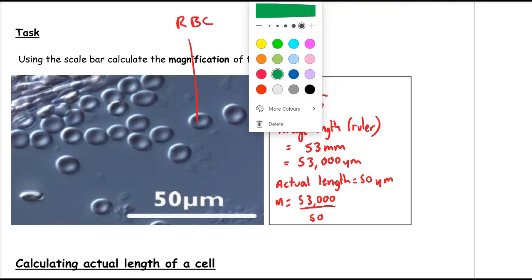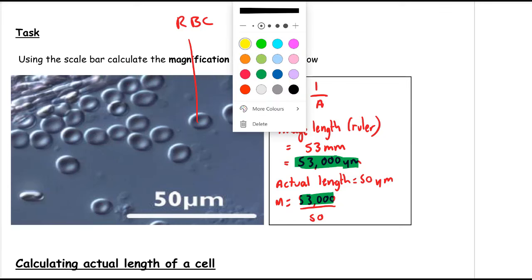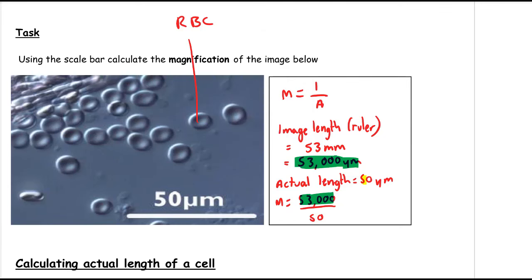Now let's just keep track of where we're getting all these values from. So there's our image length, and there is our actual length. So that means our magnification is times 1060. What that actually means is this image is 1060 times larger than it is in real life.